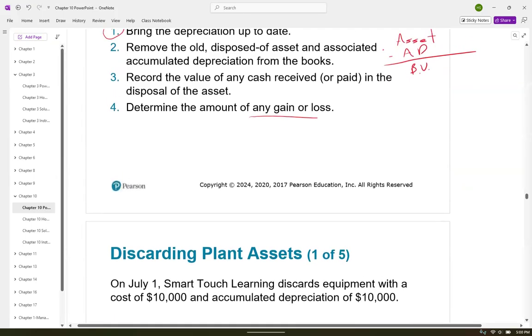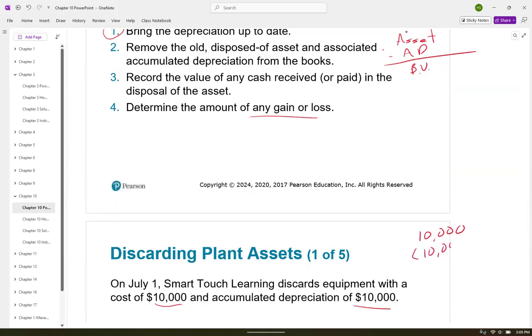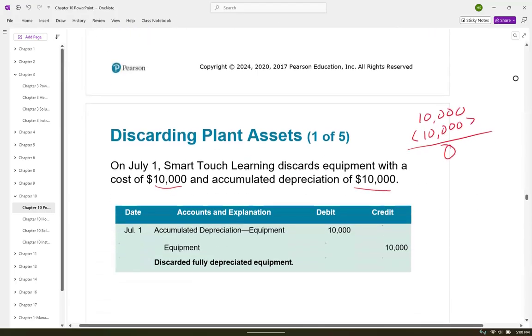July 1st, Smart Touch Learning discards the equipment with a cost and an accumulated depreciation of 10,000. So 10,000 is the asset minus 10,000 gives us a zero book value. So we are going to make the entry, and that entry will be to debit the accumulated depreciation and credit the equipment.